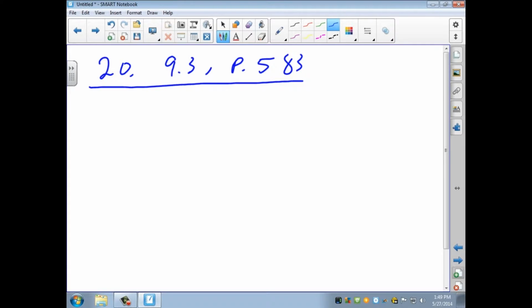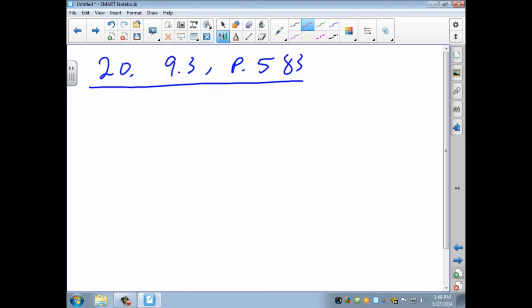This problem says find the slope of a tangent line to the graph of each function at the given point and determine an equation of the tangent line. So first we want to find the slope of a tangent line, and then we want to find the equation of the tangent line.